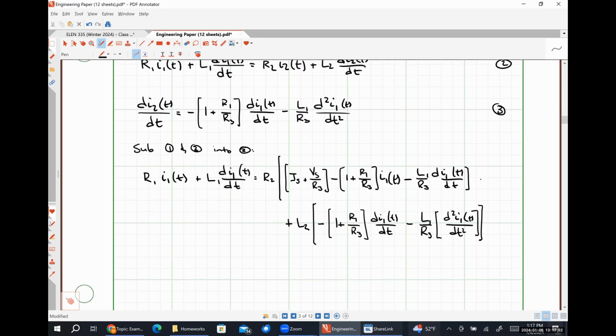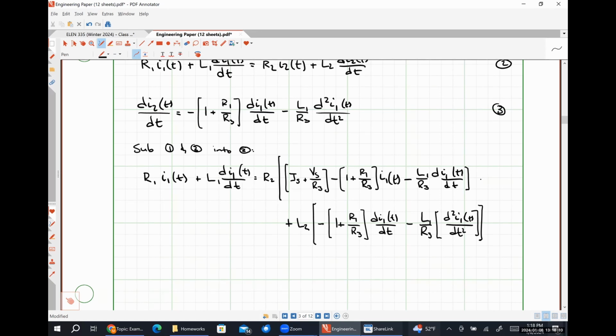Okay, so I'm going to move all of my inductor current terms to the left-hand side of the equal sign. So effectively all of these negative signs on the right-hand side of the equal sign are going to wind up going away. I'm going to start with my second derivative term.